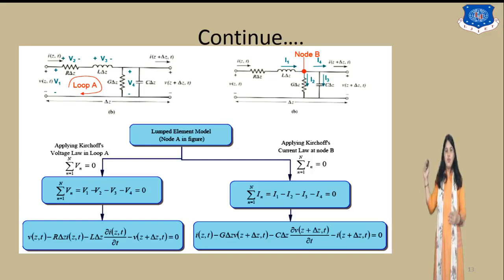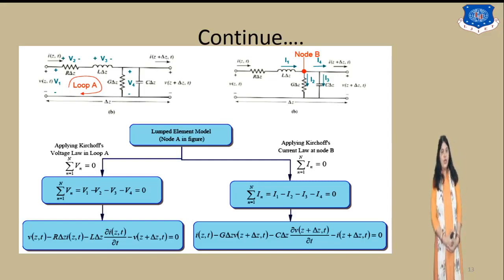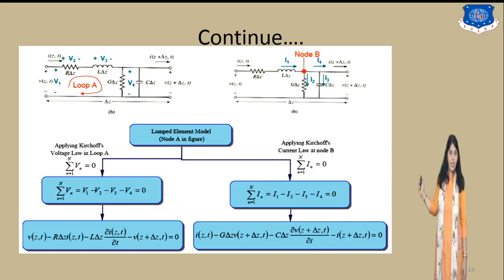Now for the first diagram given in the figure, it is a lumped element model, and you can see node A and node B, and we can apply the equations at node A as well as node B. Applying Kirchhoff's voltage law in loop A, the sum of all the voltages is equal to 0.